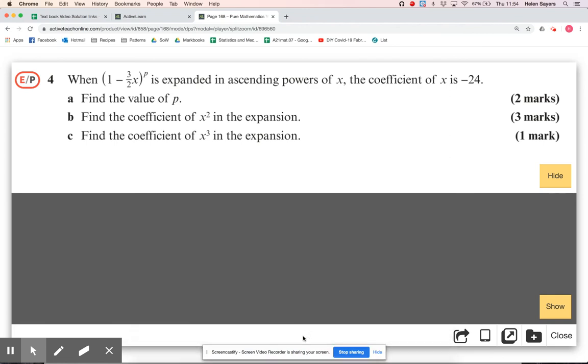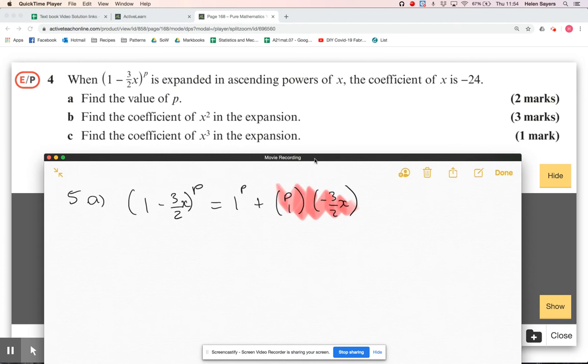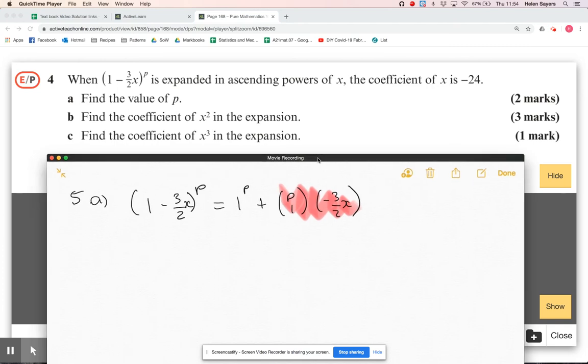Now, if it was any other term, this would really be quite tricky, and I'd have to use the nCr formula. But anything choose 1 is just the value of p. So 7 choose 1 is 7, 8 choose 1 is 8, 20 choose 1 is 20. So that is just going to be p.